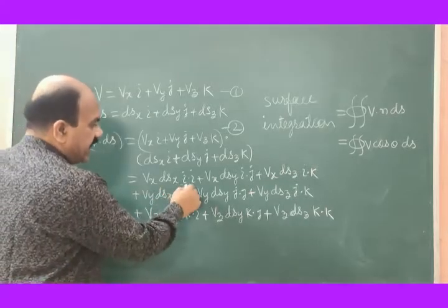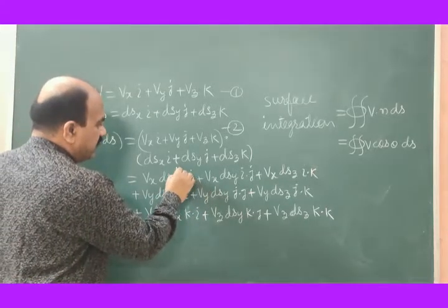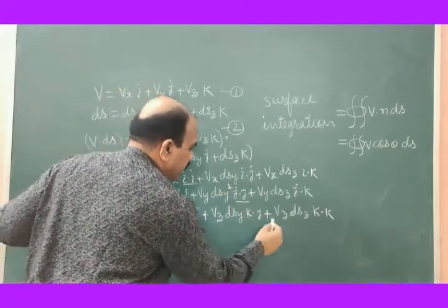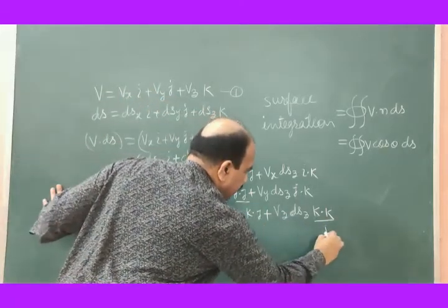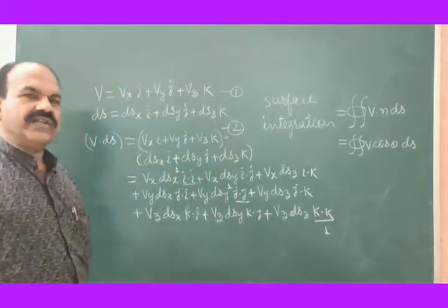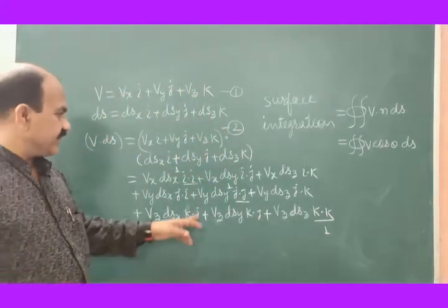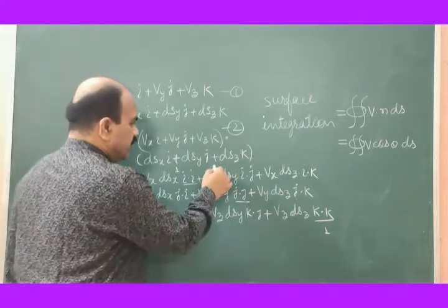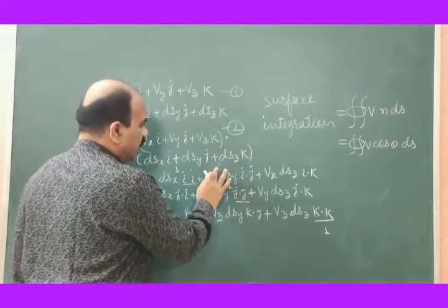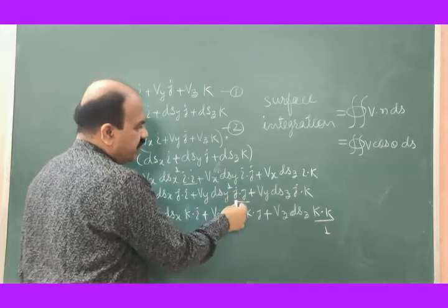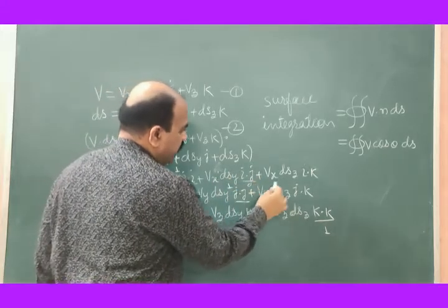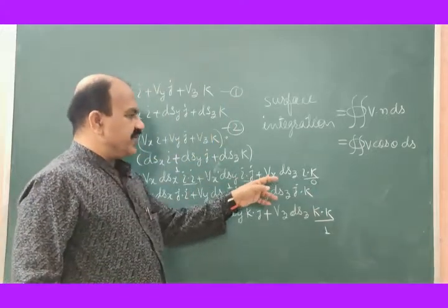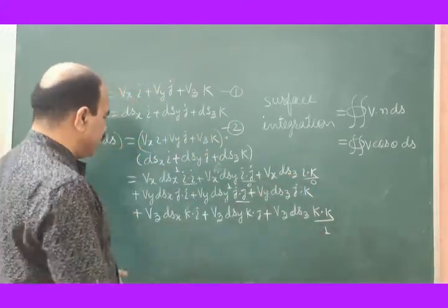i dot i is 1, j dot j is also 1, k dot k is 1. What is i dot j? 0. So this whole term will become 0. This is 0. This is 0. So this term will become 0. This term will become 0.